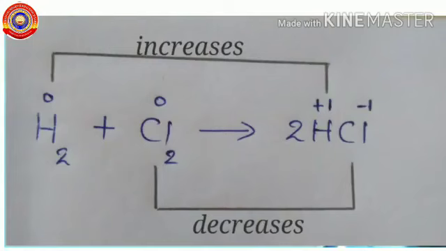Here, the oxidation number of hydrogen increases from 0 to +1, resulting in oxidation, whereas the oxidation number of chlorine decreases from 0 to -1, undergoing reduction. So in the same process, both oxidation and reduction take place together. Such reactions are called redox reactions.